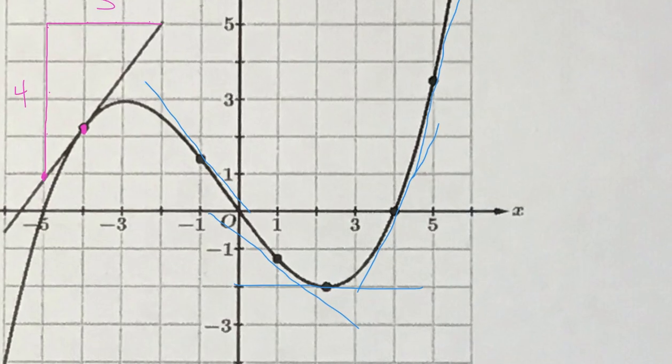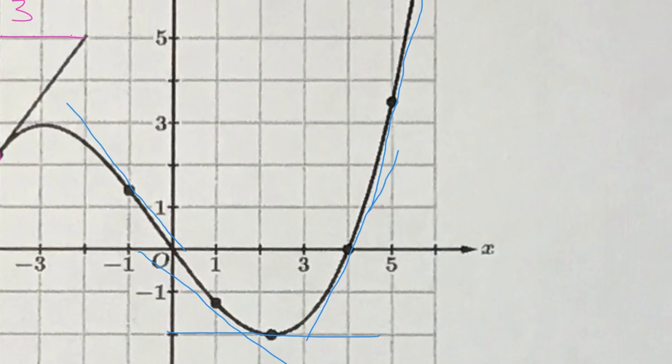The question says compare the slope at x equals 4 to x equals 5. Which one is increasing at a greater rate, at x equals 4 or at x equals 5? What do you think? Probably x equals 5.